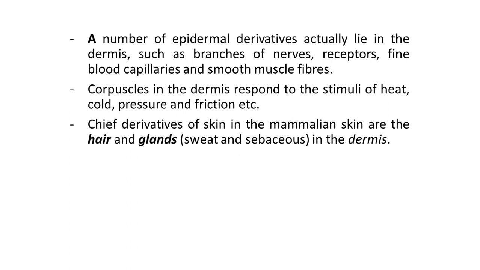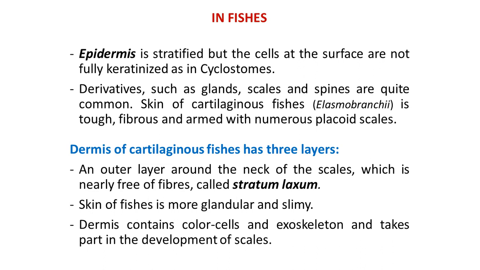The chief derivatives of mammalian skin are the hair and glands, like the sweat and sebaceous glands in the dermis. During the evolutionary period, a number of changes take place among the group of vertebrates.